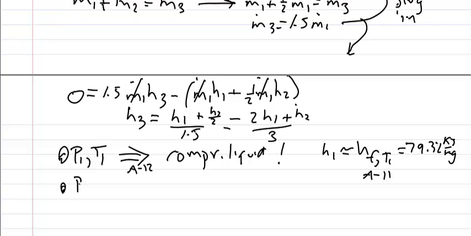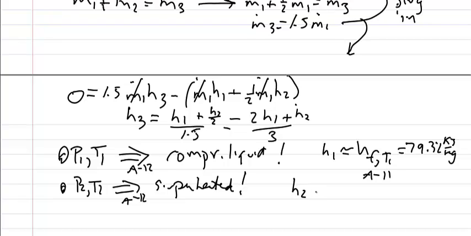Now at P2 and T2, we'll go back into table A12, and here we see that this is superheated vapor. At the given pressure, we have a temperature that is now greater than the saturation temperature, so this tells me it's superheated. As such, we're going to get h2 from table A13.